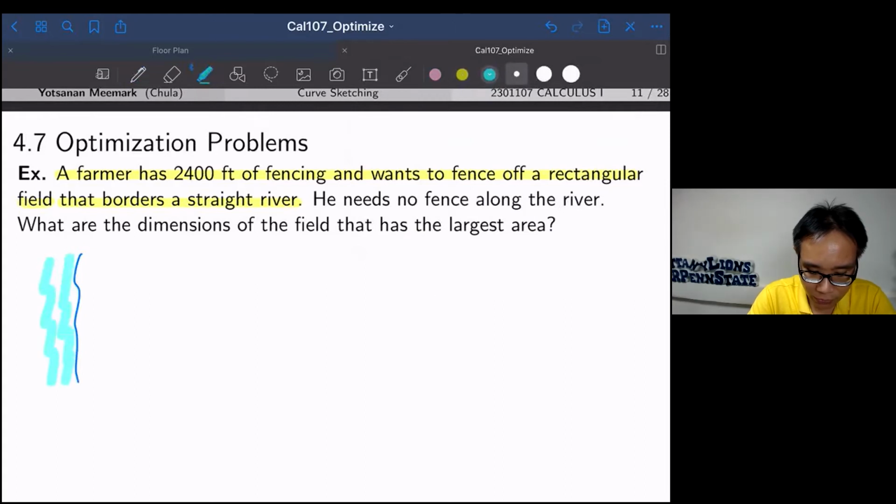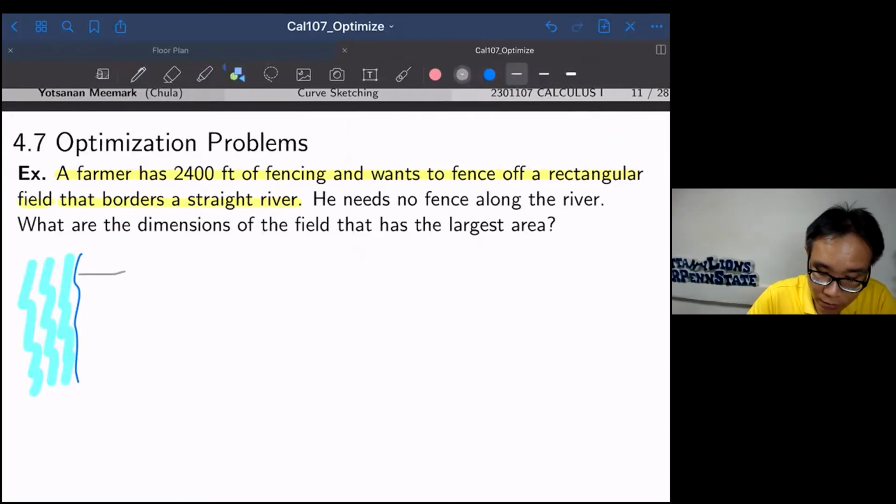So you get the river here, and you'd like to fence the rectangular field. So you're going to get a rectangle like this. Okay, so this is how you fence this one. And you're going to have x, y, and x. Okay, so this is going to be your field.